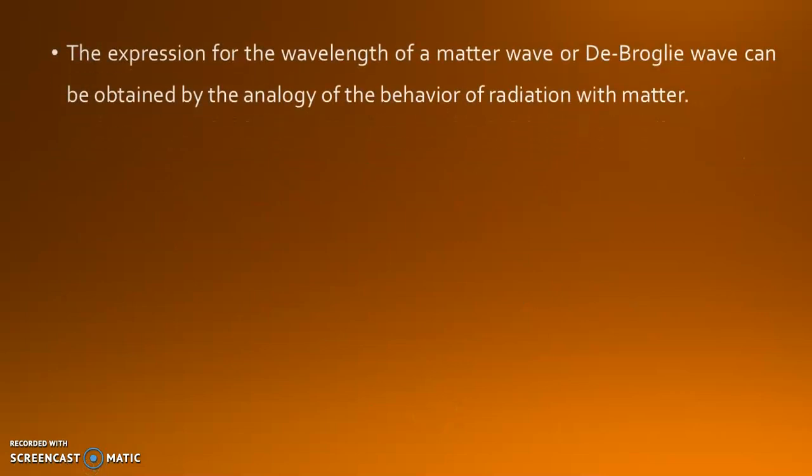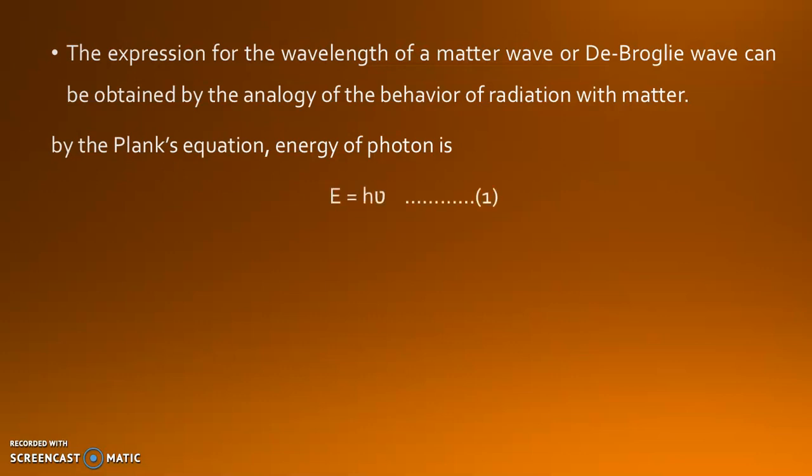Next, the expression for the wavelength of a matter wave or de Broglie wave can be obtained by the analogy of the behavior of radiation with matter. We can obtain the relation lambda is equal to h upon p by some analogies. First, the Planck equation, which gives the energy of a photon. That is the very famous equation you already know, E is equal to h nu. Let this be equation number 1.